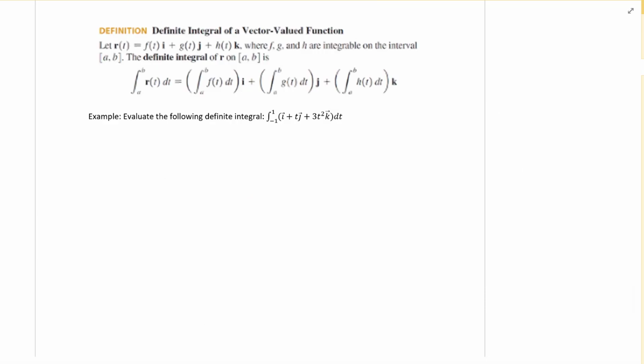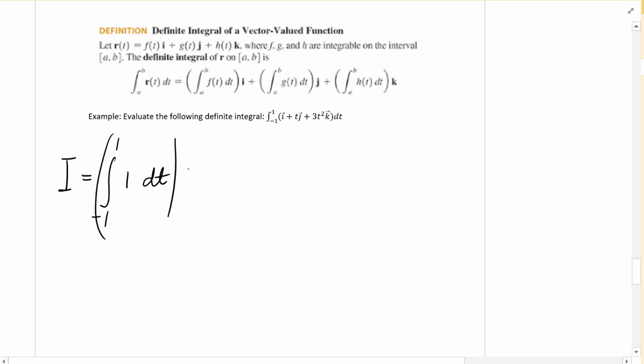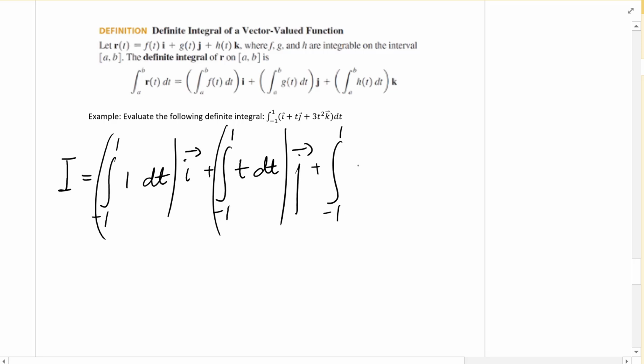And one more example involving definite integrals. So evaluate the following definite integral from negative 1 to 1 of i plus tj plus 3t squared k dt. So the integral is equal to the integral from negative 1 to 1 of 1 dt i plus the integral from negative 1 to 1 of t dt j plus the integral from negative 1 to 1 of 3t squared dt k.